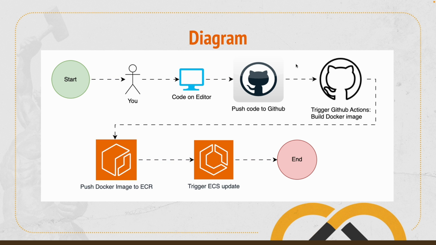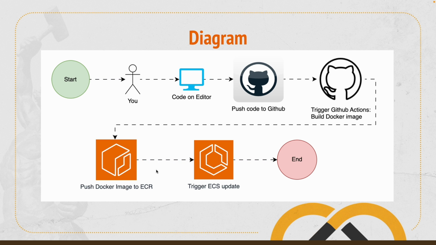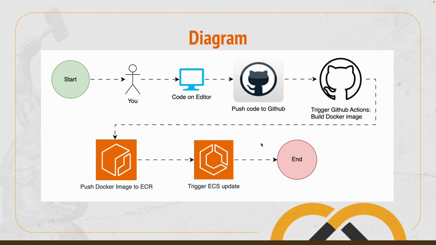It's going to build and deploy the latest version to the ECR repository on AWS for the front end service, and then we're going to trigger AWS ECS to read the latest version of our front end ECR image. And that's pretty much it.